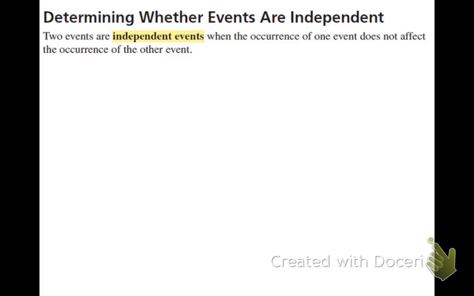We're going to talk about independent versus dependent events. I want you to write down independent events. On your homework, it's literally going to say, is this an independent event or a dependent event? If I said that I was independent, what does that mean? I'm on my own. I can stand alone.